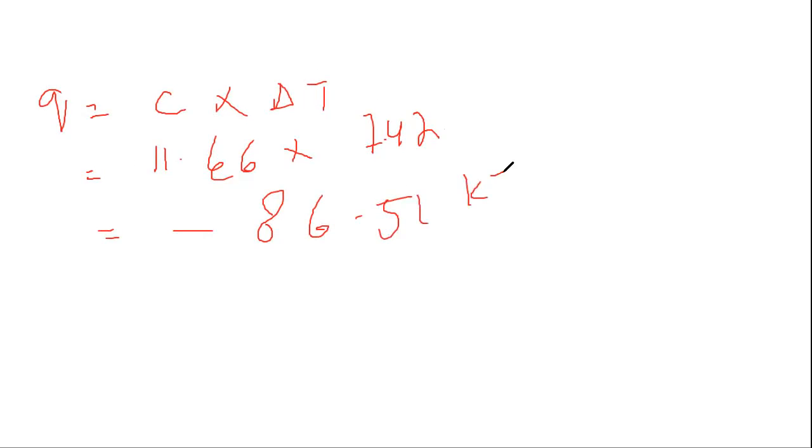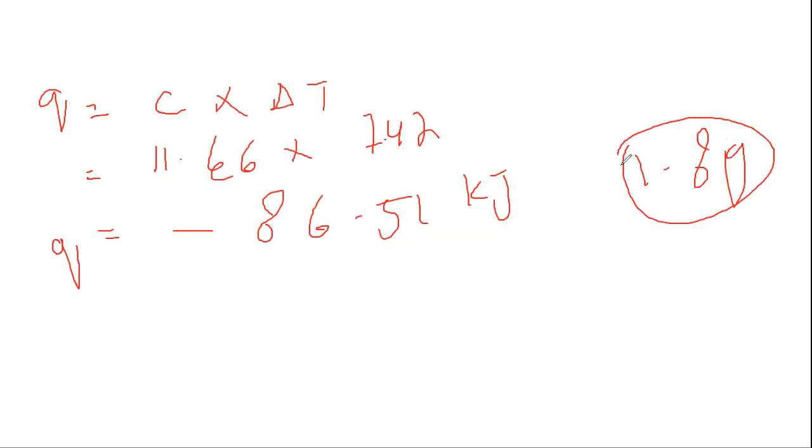This minus sign is for the heat evolved in an exothermic reaction. This heat evolved is for 1.8 grams of octane. If you have to calculate for per mole, we do it the simple way that we did in the previous numerical.